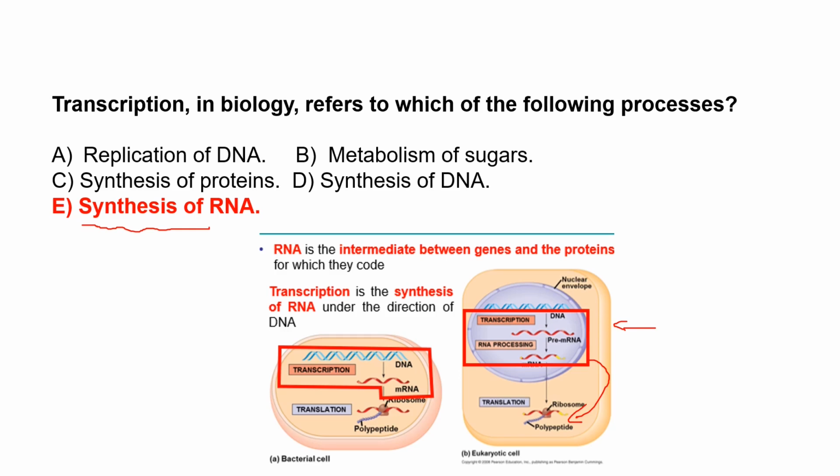And just to remember, when you have a eukaryotic cell, here you have a nucleus. So the transcription will happen in the nucleus, while in prokaryotes, the ones that don't have a nucleus, like bacteria, this will happen in the cytoplasm.